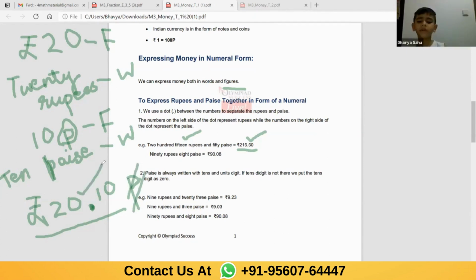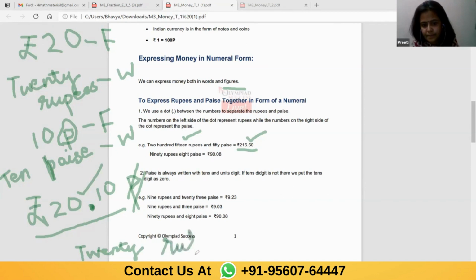So ma'am, how can we write this in the word form? See, we will write it like this. 20 rupees 10 paise.